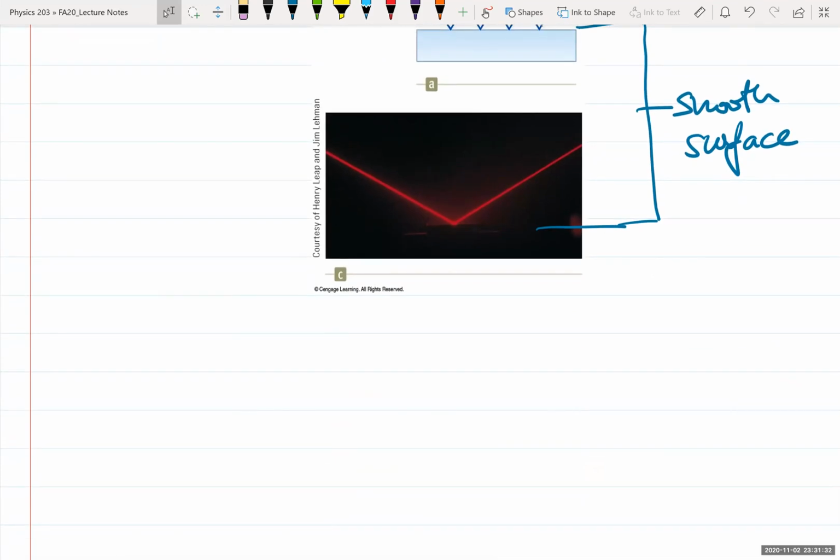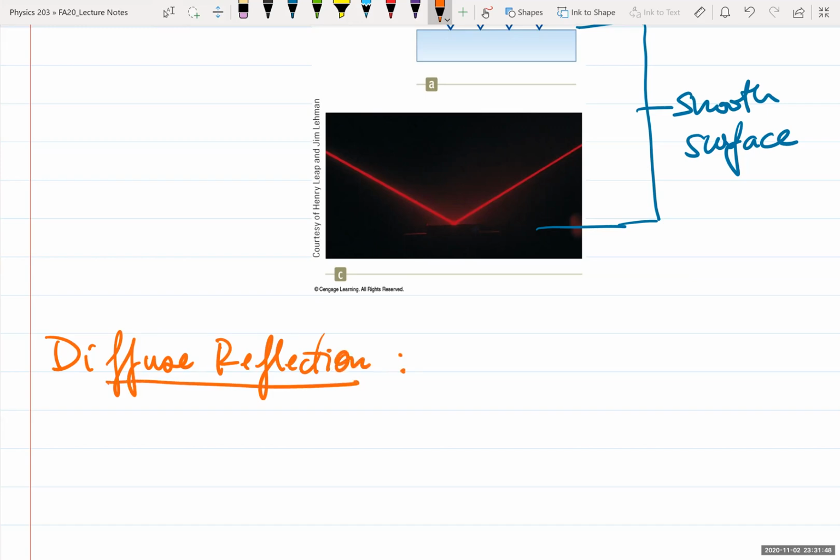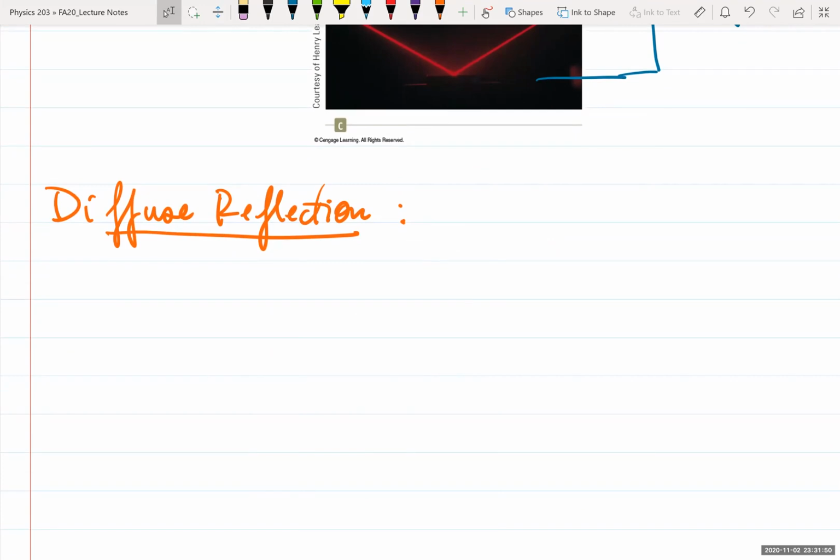The other one that we have is what we call the diffuse reflection. In a diffuse reflection there is a reflection from a rough surface.